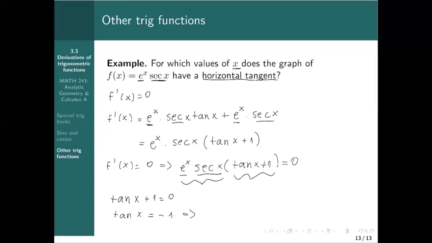So tangent of x being minus 1 means that x is equal to 3 pi over 4, and then plus pi times k, where k is any integer.